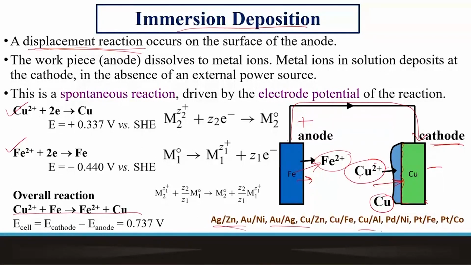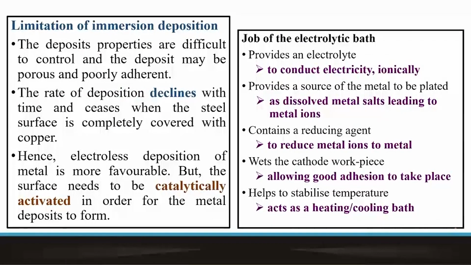So there are various couples which are possible for such a deposition process. There are certain limitations. For example, the rate of deposition is not very easy to control. The deposit may be porous and poorly adherent.